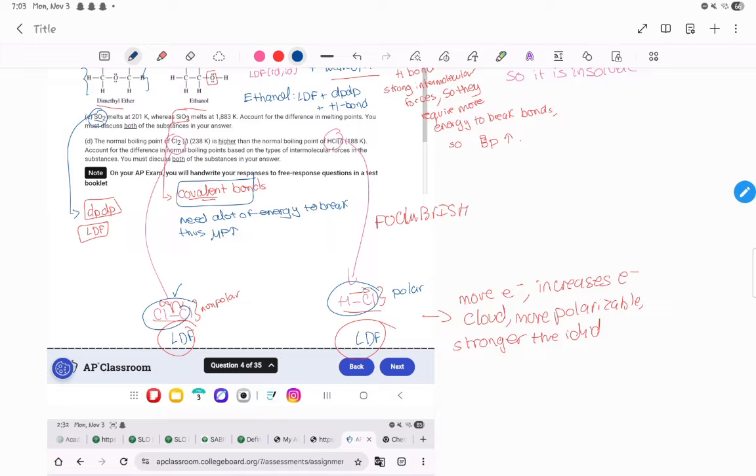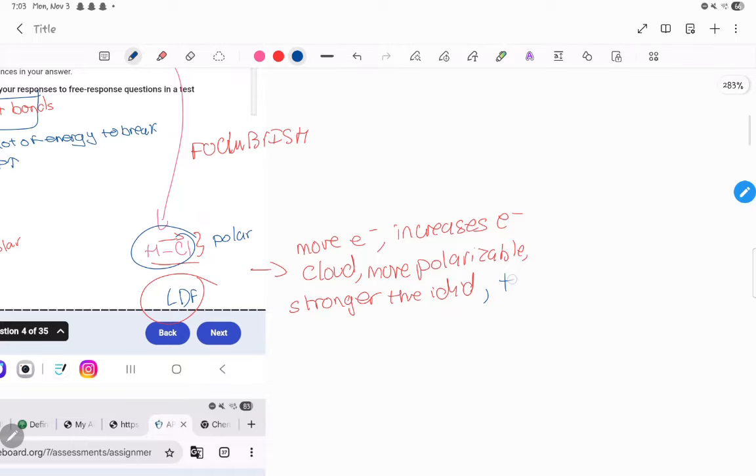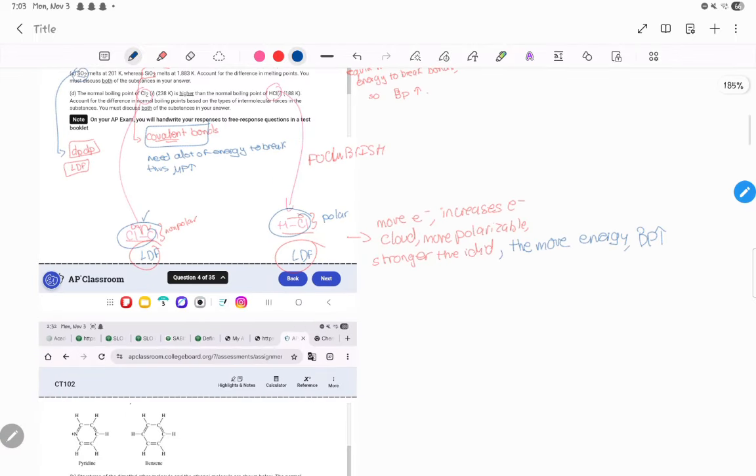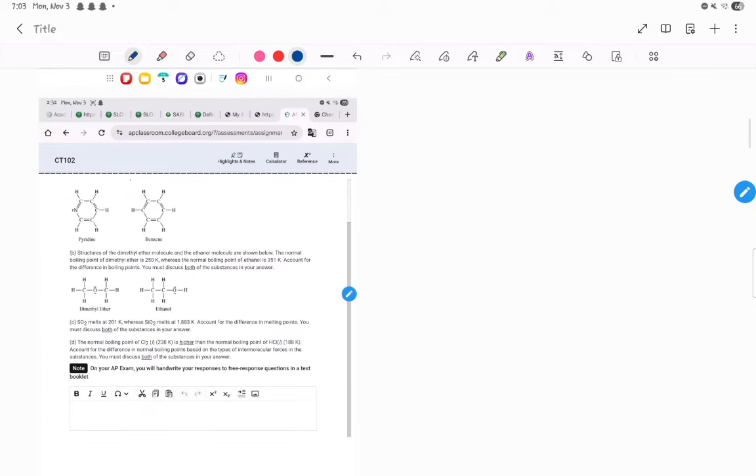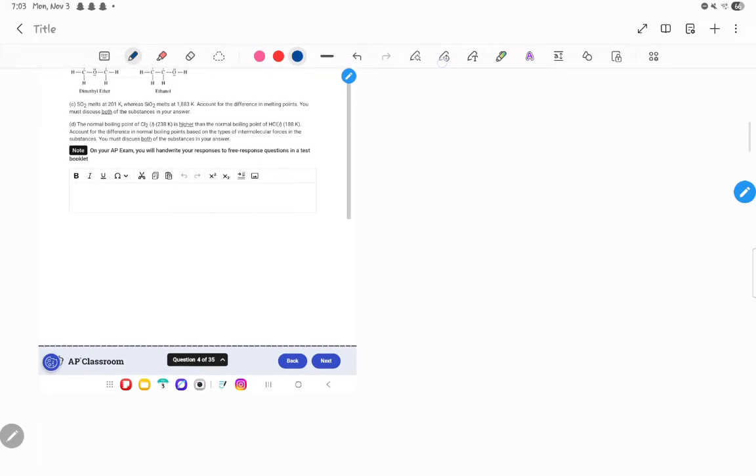That means the stronger the forces are. The stronger the forces are, the more energy is needed, and that means the boiling point is going to increase. Then we will state that chlorine, Cl2, has more electrons than HCl. And that's it for this question.